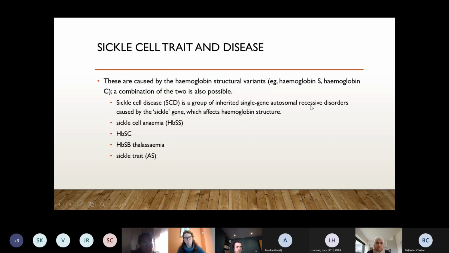Again, it is an autosomal recessive disorder, and there are different variations and combinations, such as HbS and C, an intermediate disease, and HbS and beta thalassemia, which is milder. But sickle cell trait is the commonest condition we see, which is a milder disease, and the most common symptom is anemia.